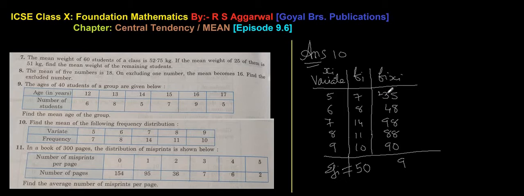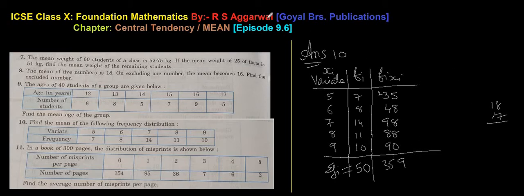Sorry, not multiplication. Apology, please. I had something in my mind, so I said it wrong. Now we add: 35 plus 48 is 83, 83 plus 98 is 181, 181 plus 88 is 269, 269 plus 90 comes up to 359.